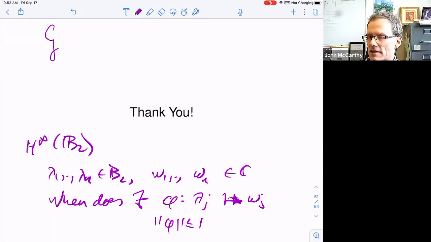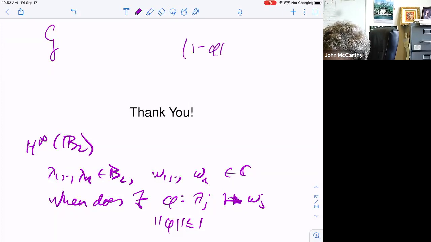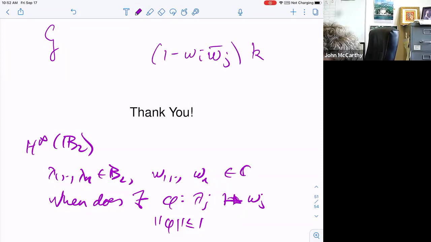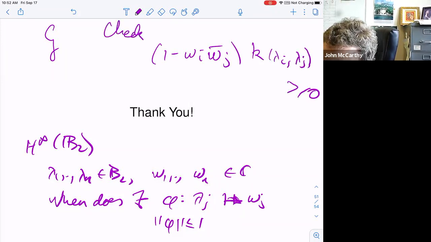There is some theorem along the lines that if I look at 1 minus wi wj bar times some kernels of lambda i, lambda j, you can check that if this holds for a very, very large collection of kernels K, that's a necessary and sufficient condition. But the set K is so large that checking it is kind of impractical.